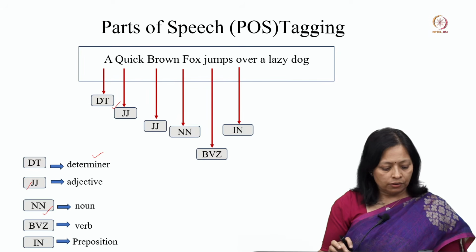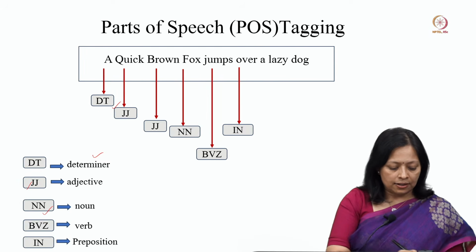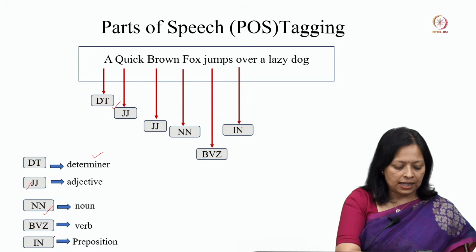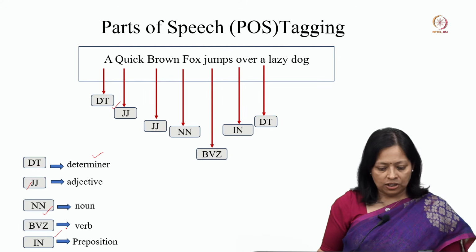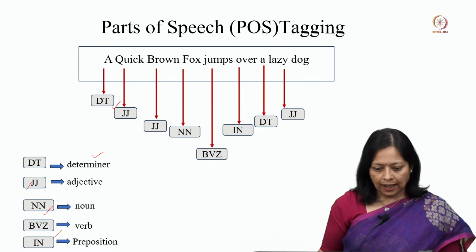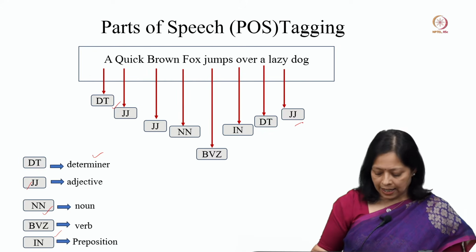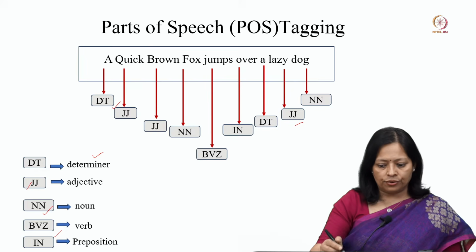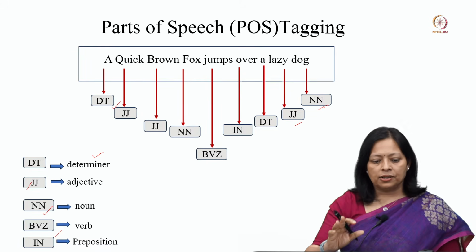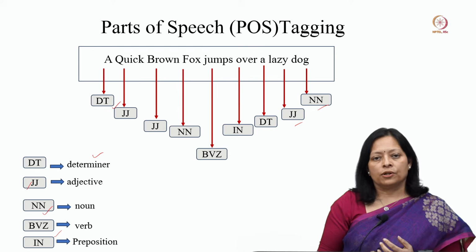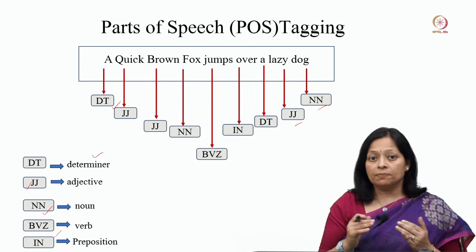Then over is a preposition, represented by IN in parts of speech tagging. A is once again a determiner, lazy is an adjective, so JJ here, and dog is a noun, so NN. So this is an example of a sentence where each and every word has been tagged with its part of speech.